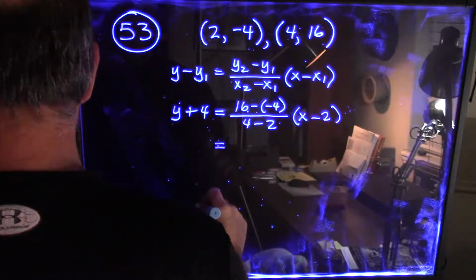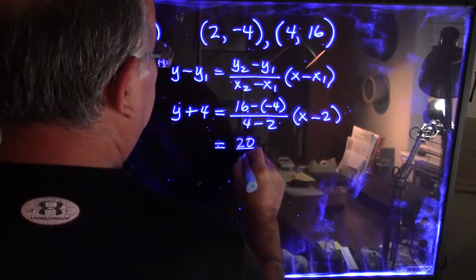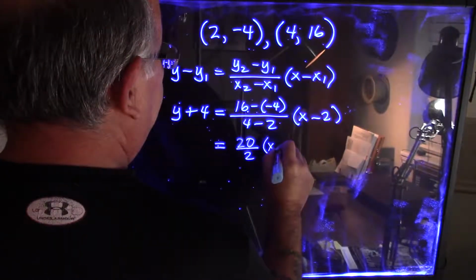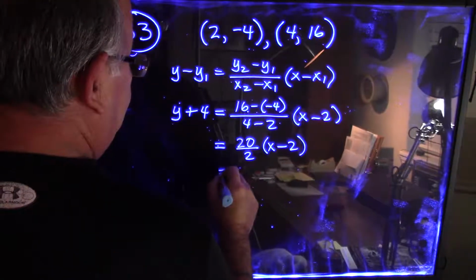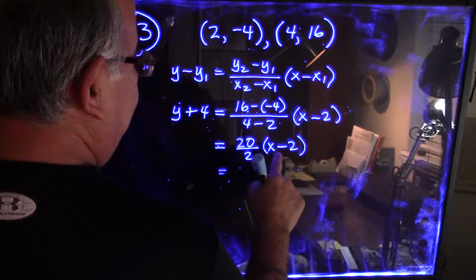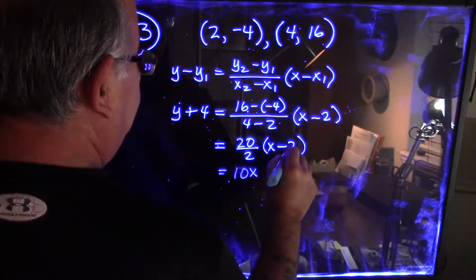So that equals 20 over 2 times the quantity x minus 2. Of course, 20 over 2 equals 10. So 10x and then minus 20.